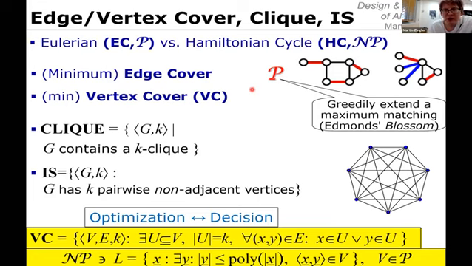So this is not the opposite of the clique problem. The opposite of the clique problem is to find k vertices which do not form a clique, and not forming a clique means some of the vertices are not connected. For the independent set, all of the vertices must be non-connected.